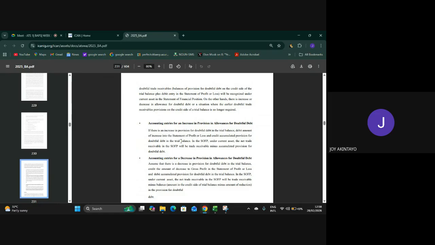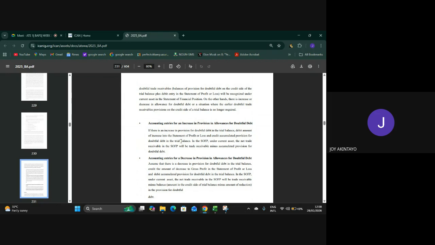So how do we account for this? We credit our statement of P&L, being a decrease. We see it as income to us. It is just the difference between the opening balance and the closing balance.